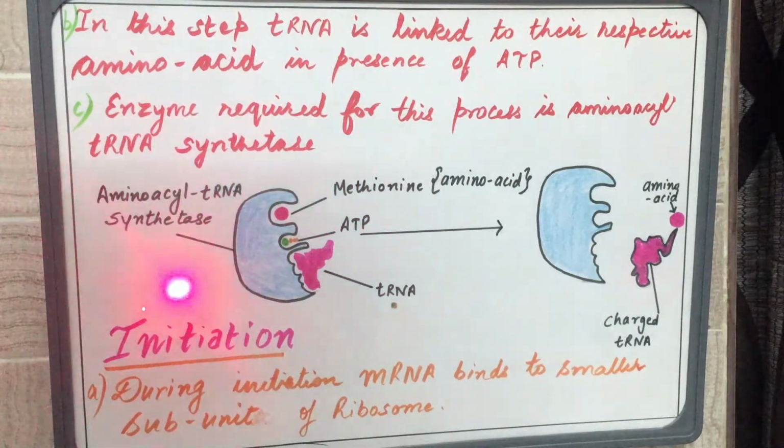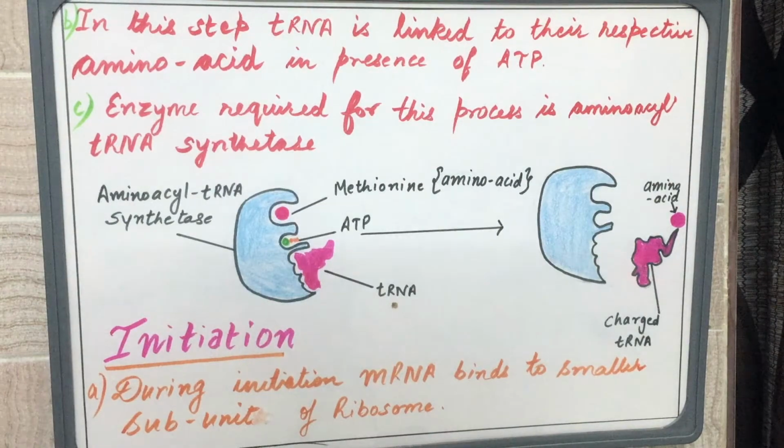In the presence of this enzyme and ATP, the tRNA, which is shown in pink color, would be linked to the amino acid. Here the amino acid is methionine, and this step, where the tRNA is linked to its respective amino acid, is known as charging of tRNA.